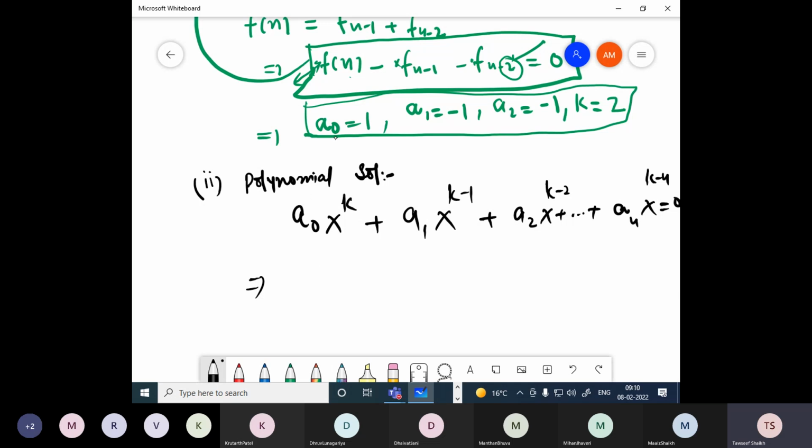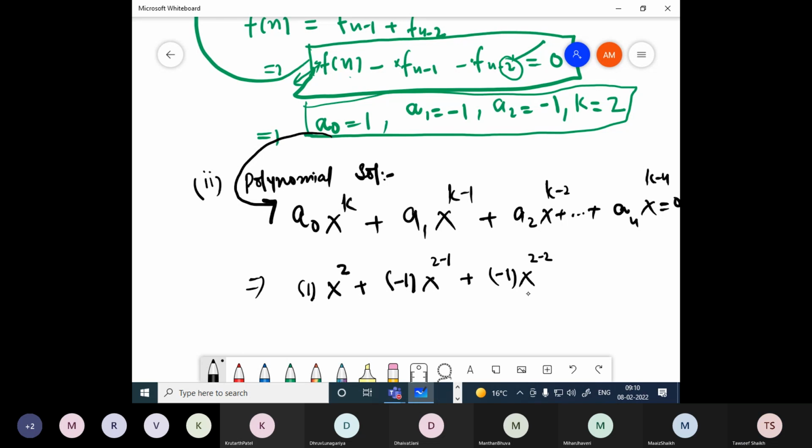So the values which I got from the previous step, that is step number one, if I put those values here in this general polynomial solution of these recurrences, what I will get is, in place of A0, it will be 1, x power k will be x power 2, plus, then in place of A1, it will become minus 1, x power 2 minus 1, plus A2, A2 is equal to minus 1 again, x power 2 minus 2. Only till this I am having the term, so I will equate it to 0.